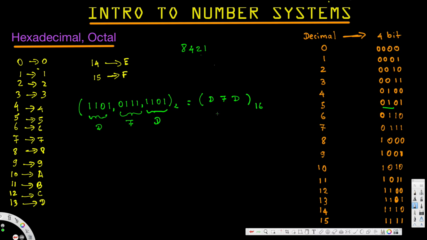Okay. Now let's see how we can convert a decimal point number. Okay, let's look at another example.